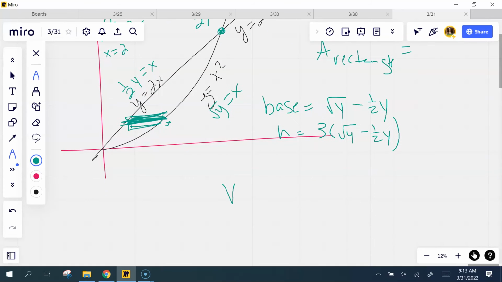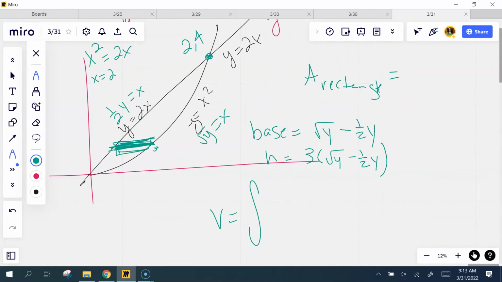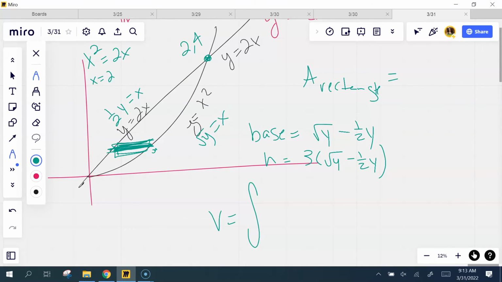So the volume is going to be the integral from 0 to 4, because my cross sections are horizontal and not vertical. And I'm going to do the area of one cross section, which is base. Remember, we were doing squares, so we were just squaring this. This is a rectangle, so I need to multiply times the height.